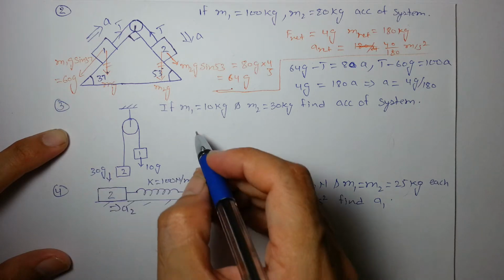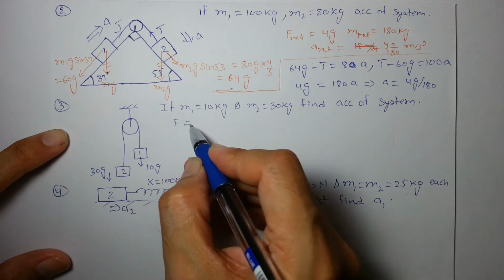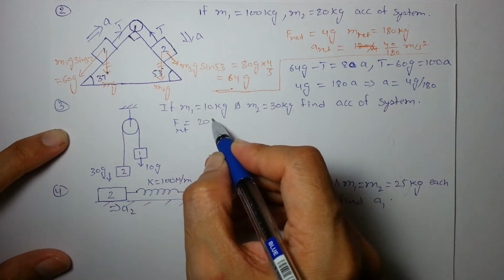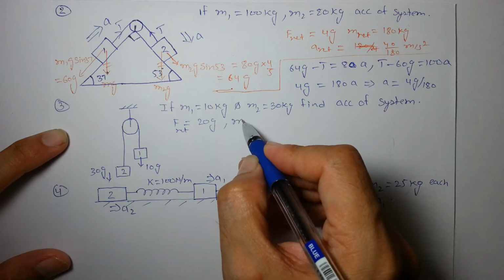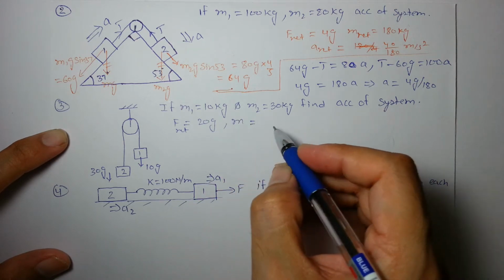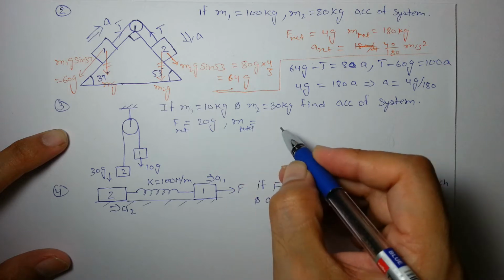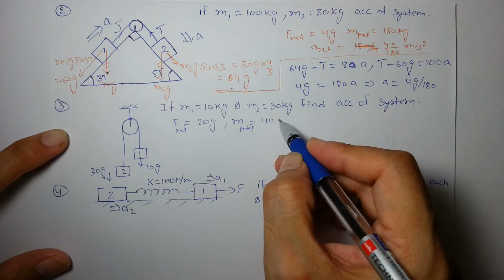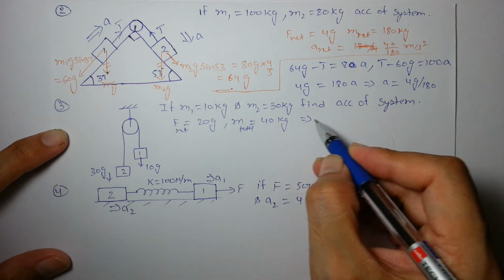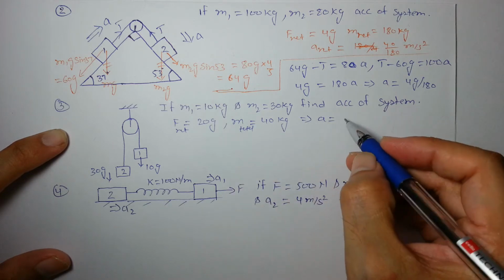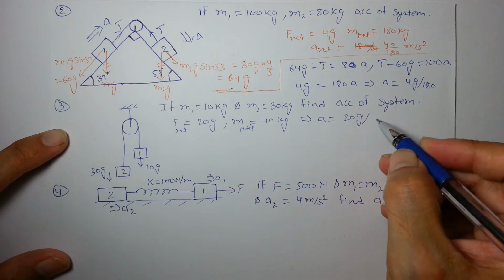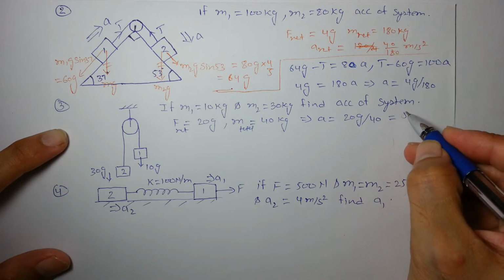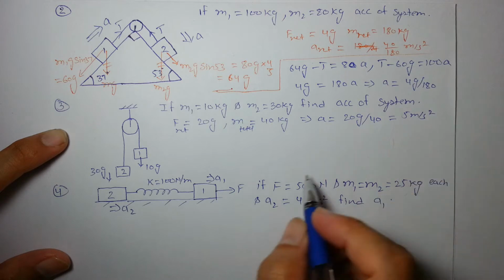So overall the force acting, F effective or F net for the system, is 20g downward, and the mass that is accelerating, m total, is nothing but m1 plus m2, 40 kg. So acceleration should be how much? 20g by 40 will give you 200 by 40, 5 meter per second square.